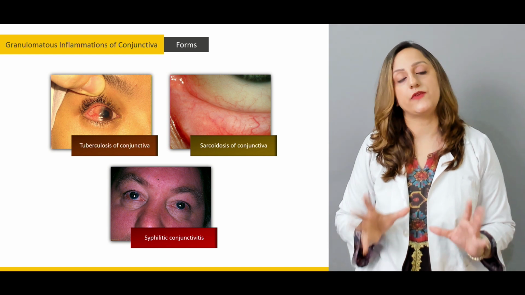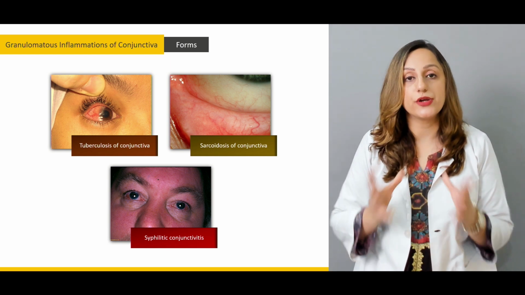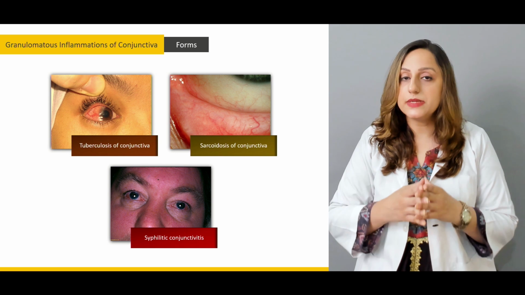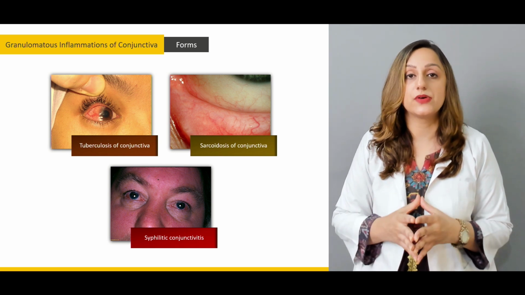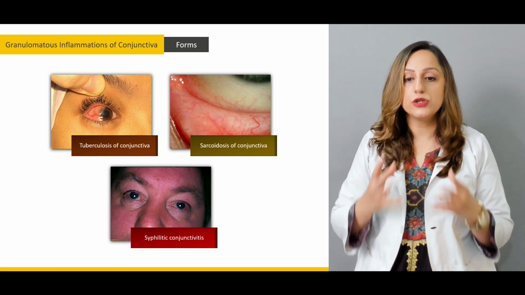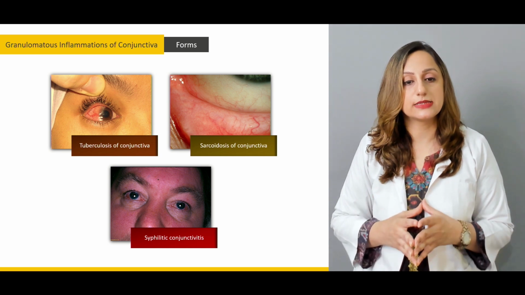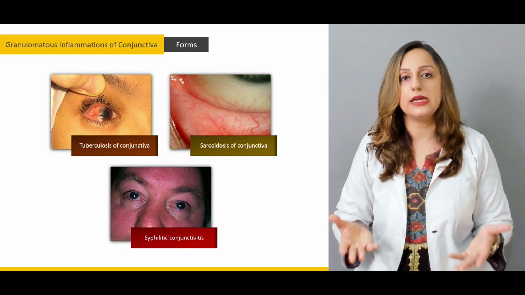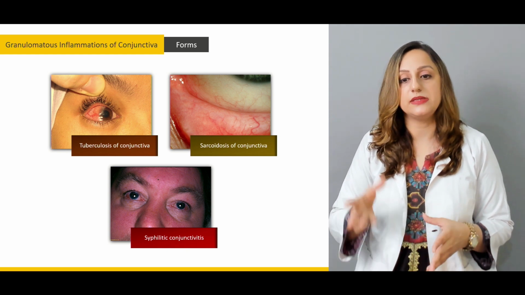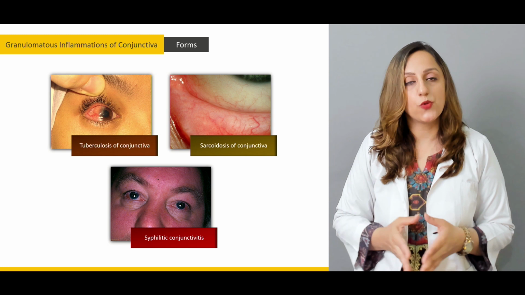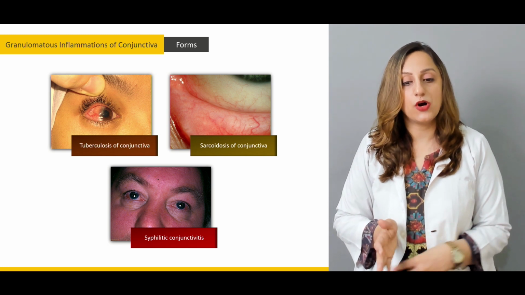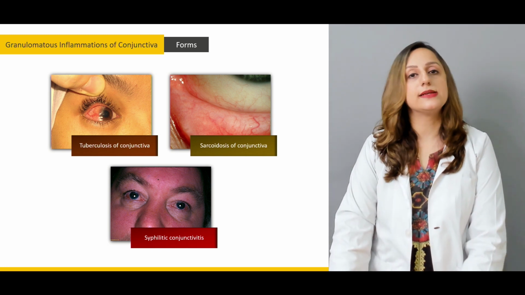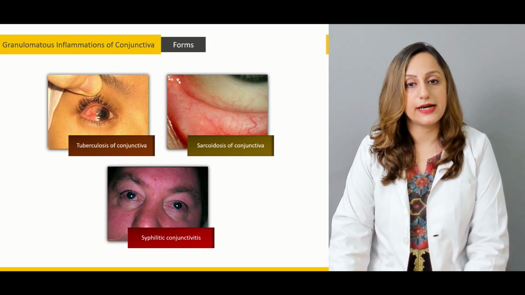All of these infectious states are chronic in nature. They can spread systemically, or there can be local growth of these conditions. That is, it can be tuberculosis specifically involving the conjunctiva, sarcoidosis just involving the conjunctiva, or syphilis that has spread systemically to the conjunctiva.